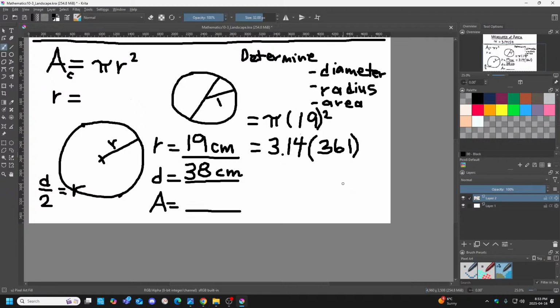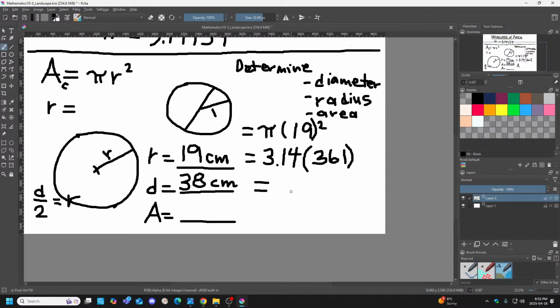Okay, so now I'm going to hit multiply, second function, pi, and equals, or enter. Actually, we're going to be doing some rounding here.